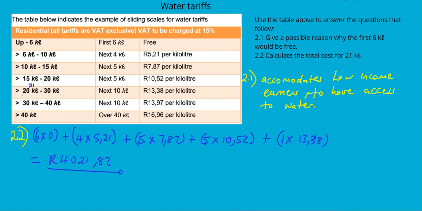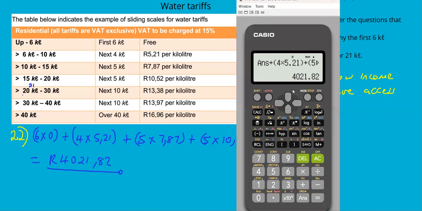Is it 4,000? Let me check here. This seems to be a big number. See, 5 times 7. Oh, here is a mistake. There's a mistake there, guys. These are mistakes that we also face when we are actually in the exam.